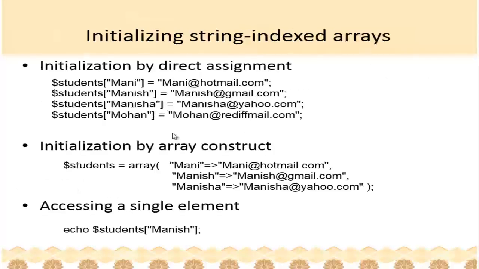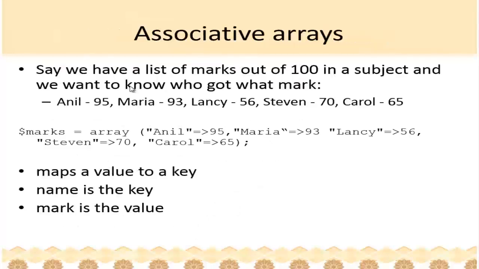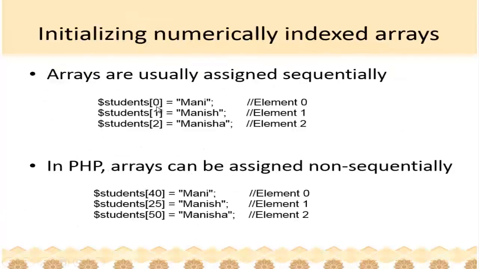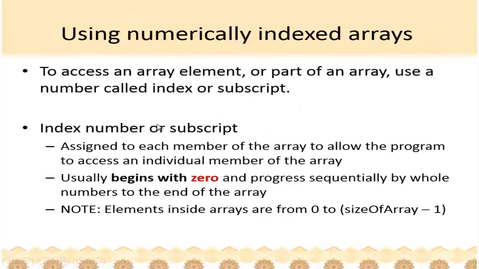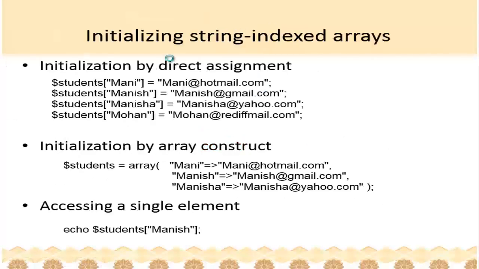The other way of creating it is, instead of supplying the numerical index here, you can supply the key here and then assign the values. So if you notice the difference, here the indices are 0, 1, 2, 3, and instead of these numerical indices, you can just supply the keys. As simple as that.